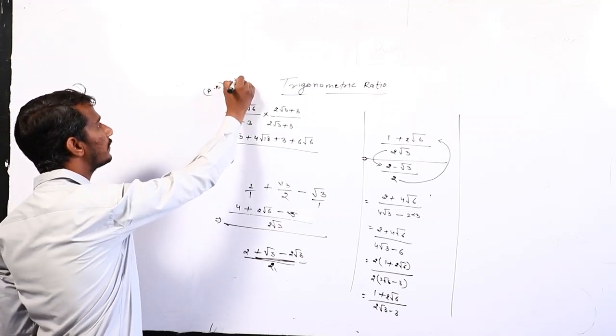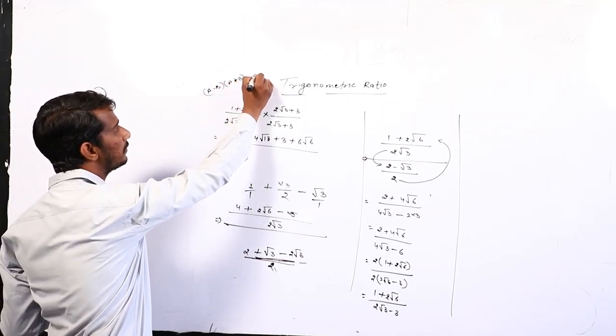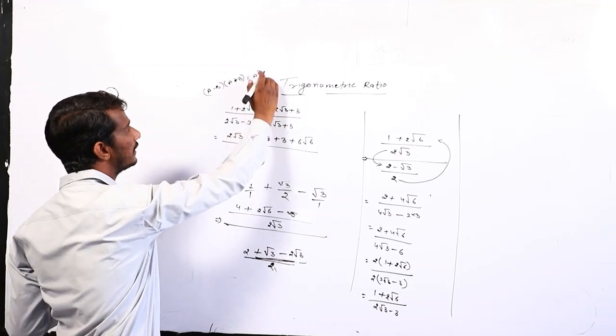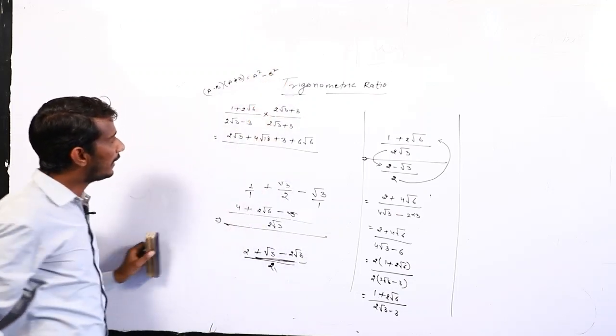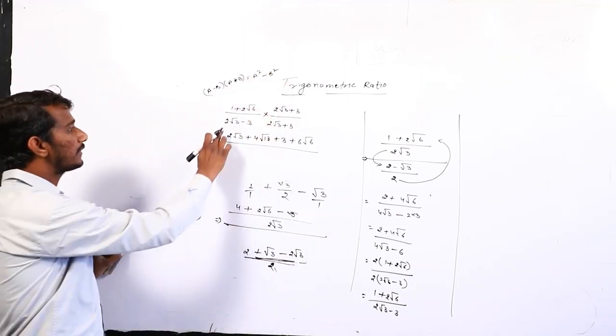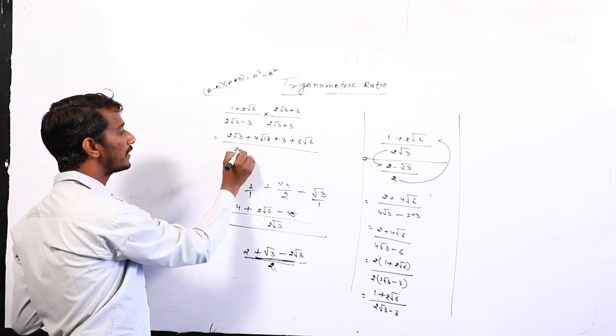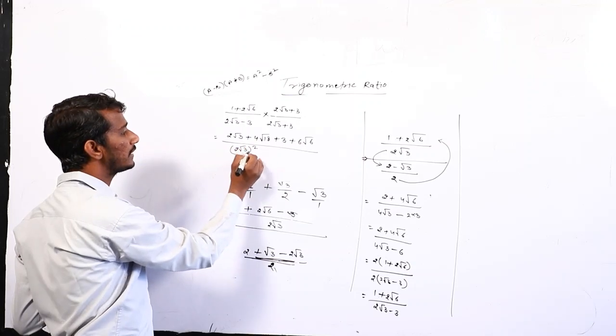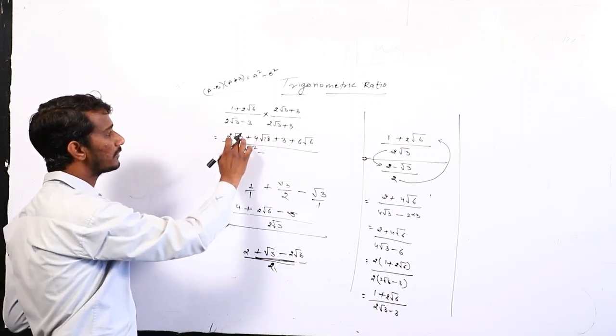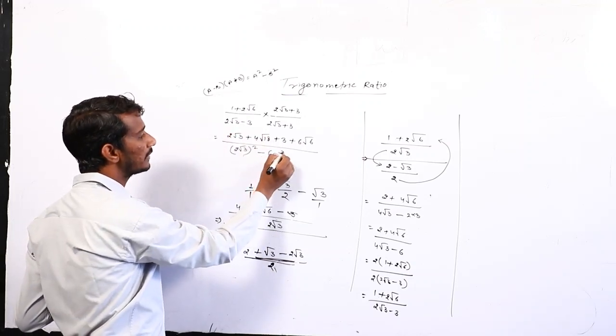So the product of a minus b and a plus b becomes a square minus b square. So directly you can find the product. First take the square of the first number, so square of 2 root 3, square of 2 and root 3, minus square of the second number, here 3.